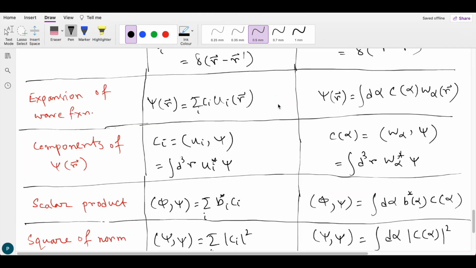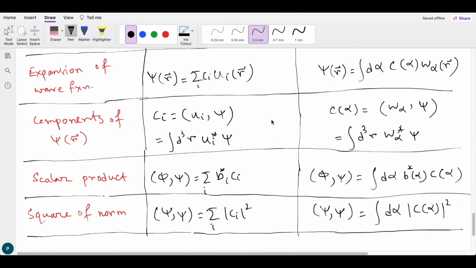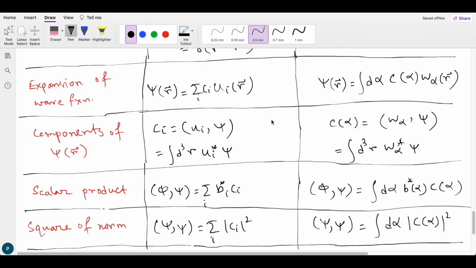So the expansion of the wave function in case of the discrete basis is just the summation over i of c_i u_i, where u_i are the discrete basis, but in case of the continuous basis we have the expansion coefficient C alpha and the basis is W alpha, and instead of summation we have this integration over d alpha. The component of the wave function is given by the scalar product of the corresponding basis with the wave function, and this is the same for both continuous and discrete basis.